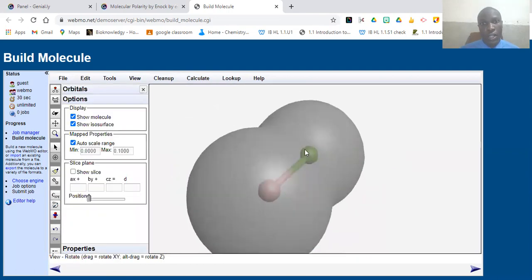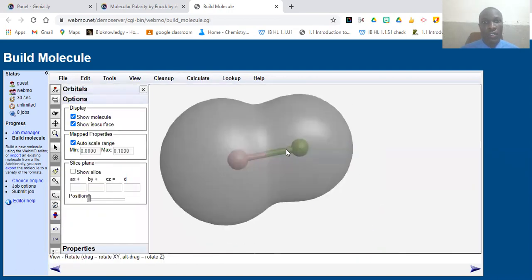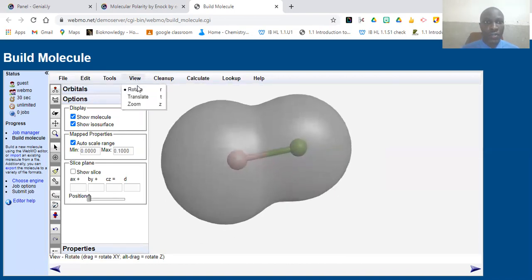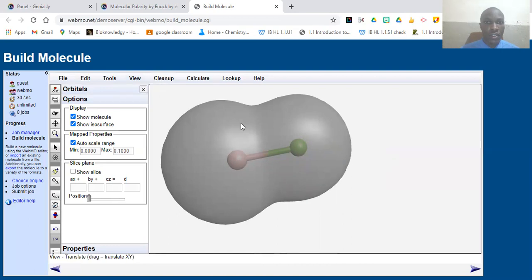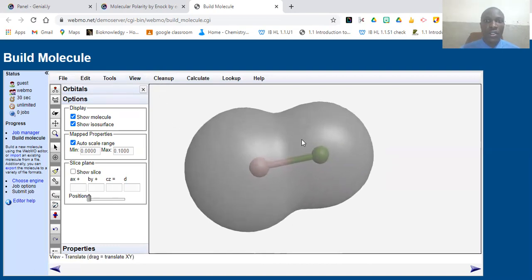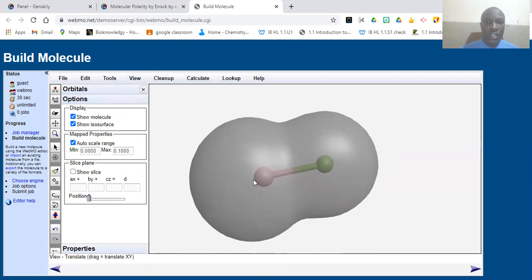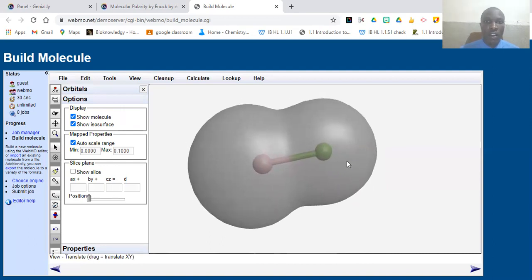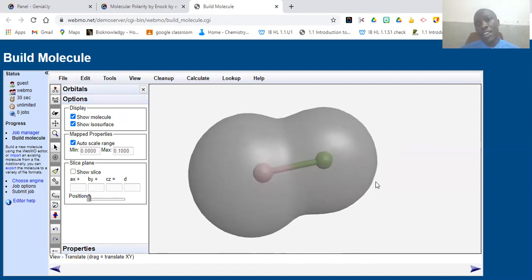Look carefully. When you look at what we have, we don't have an even distribution of the electron density.